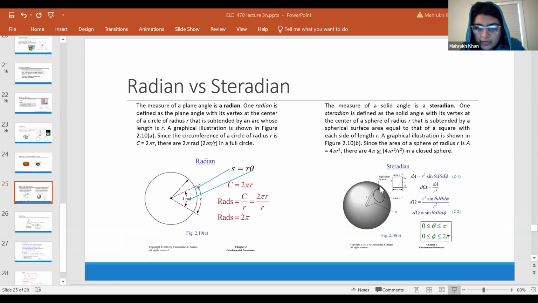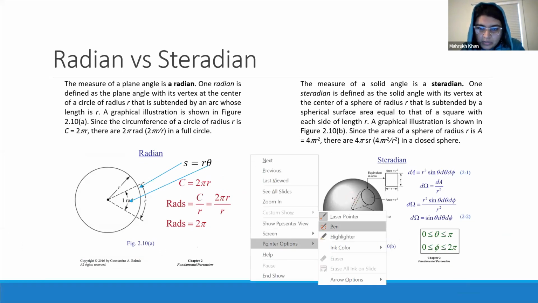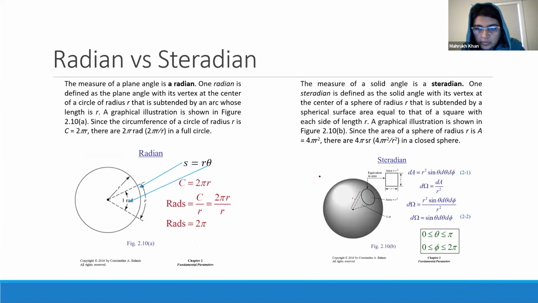So this was R sine theta multiplied by R. If you pay attention to this, if I want to measure the area here, dA, it will be the change in d theta and d phi, right?